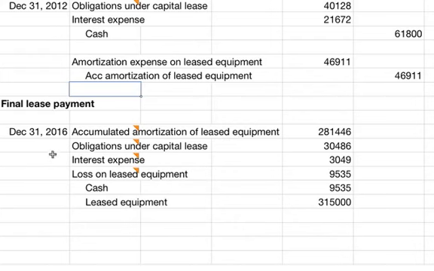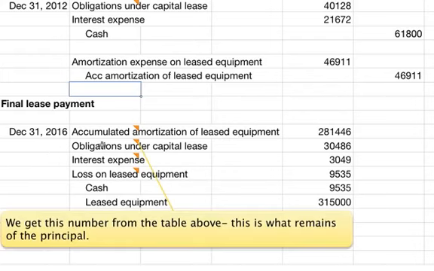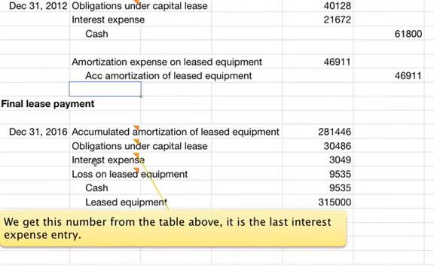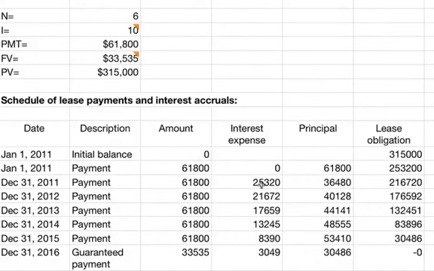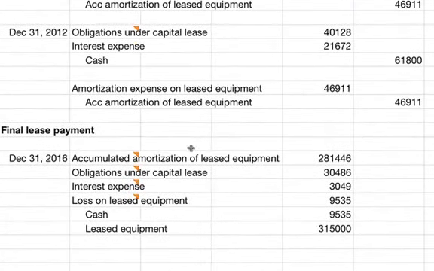And then you have obligations under capital lease. This is the number from the table above. This is what remains of the principal that we had to pay off. And the interest expense number is also from the table above. It's the last interest expense entry in that table. If we look at the table, interest expense $30,409, principal $30,486. So we have those two numbers.